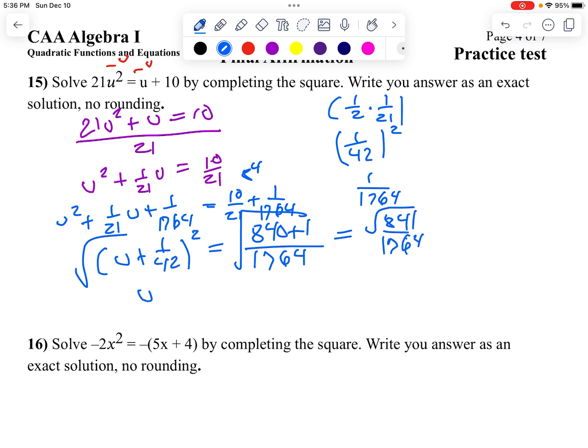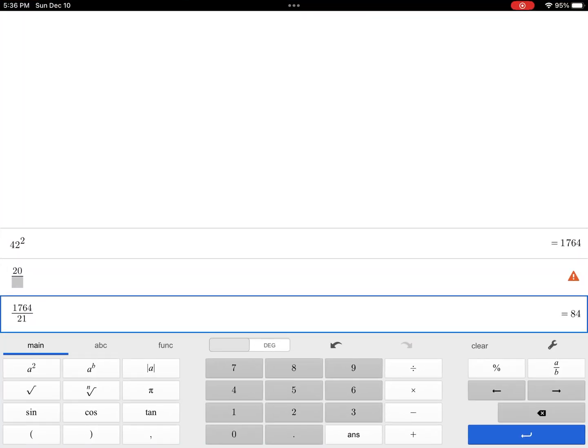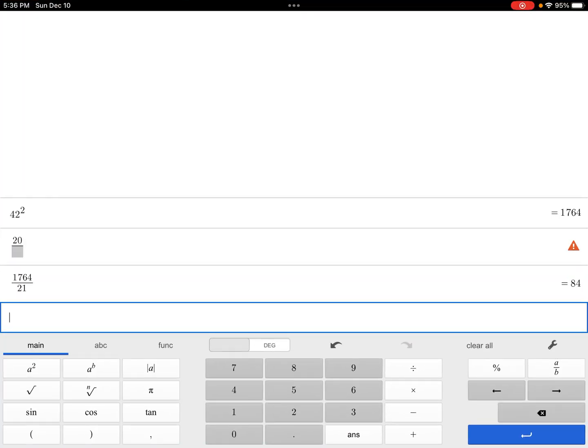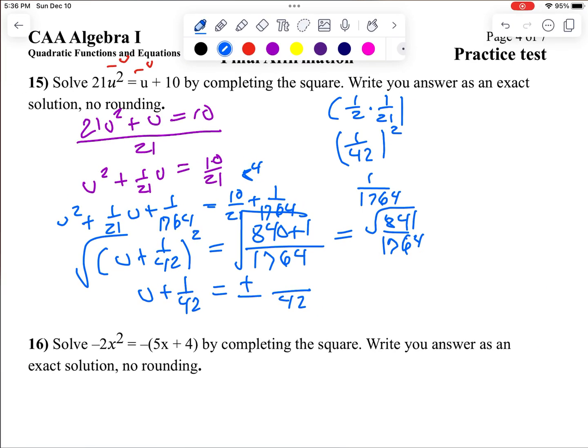So I'll get u plus 1 over 42 equals plus or minus. I already know the square root of 1764 is 42. And then let's take the square root of 841, and we get 29.